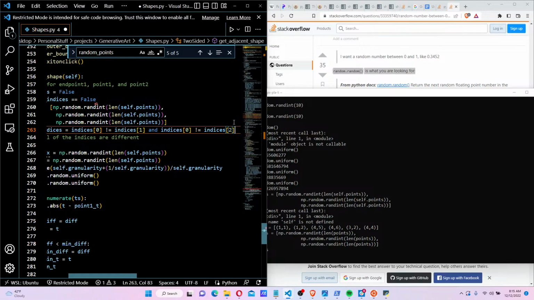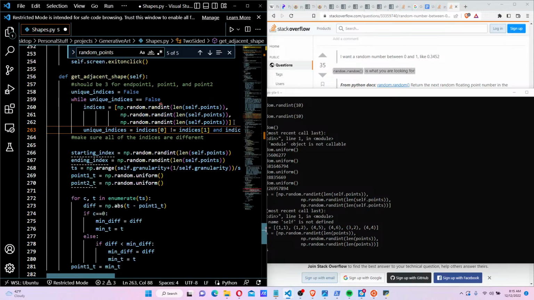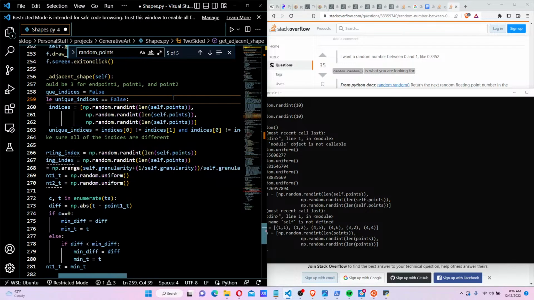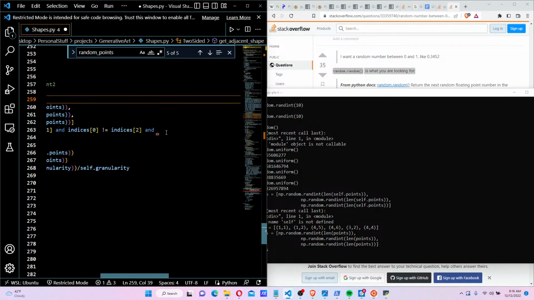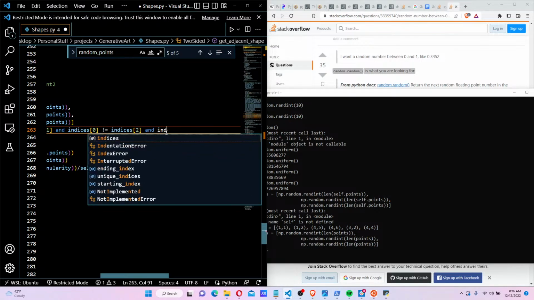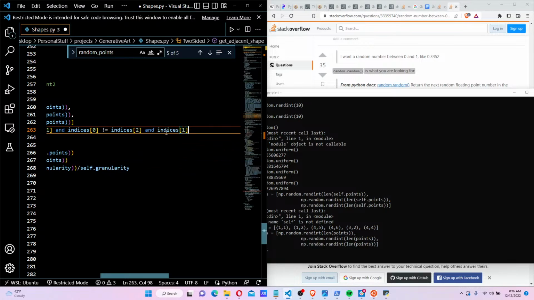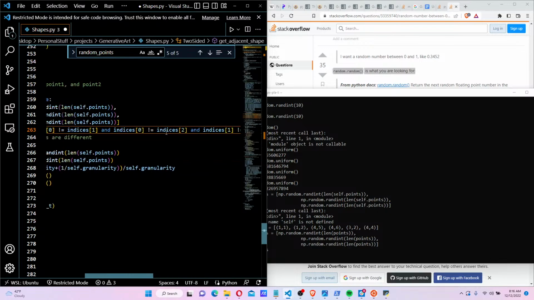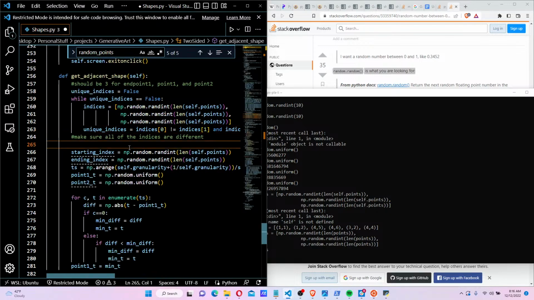Okay, so we already know that 0 is not equal to either of them. And then now we just want to make and indices of 1 is not equal to indices of 2. Okay, so that ensures that we are getting unique indices.